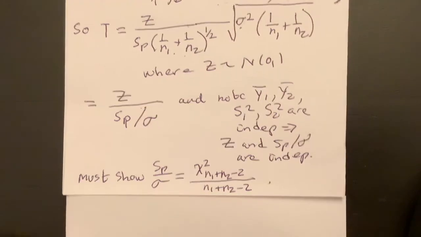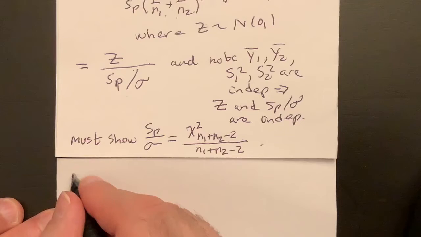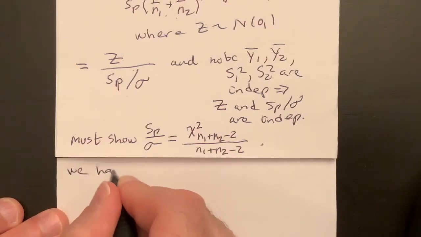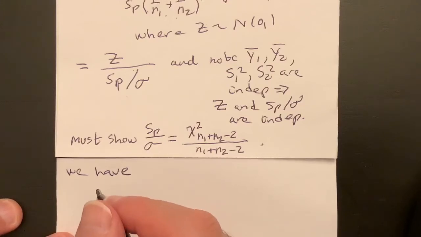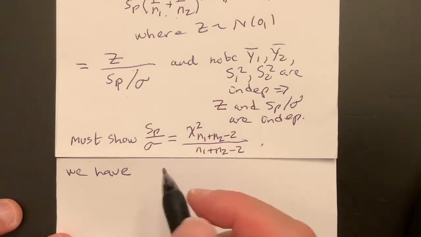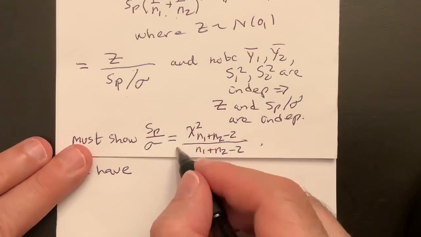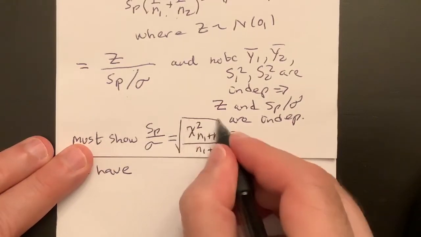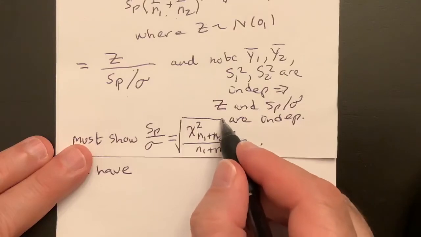All right, so what do we have? We have Sp over sigma. I want to show this is equal to the square root of this, right? So sorry about that.